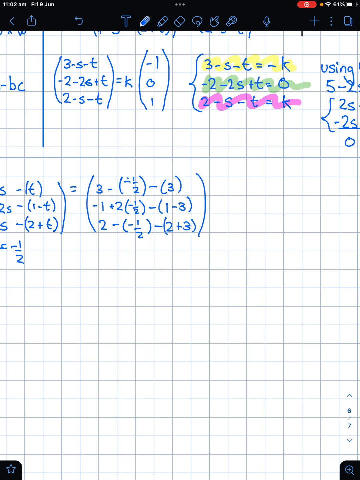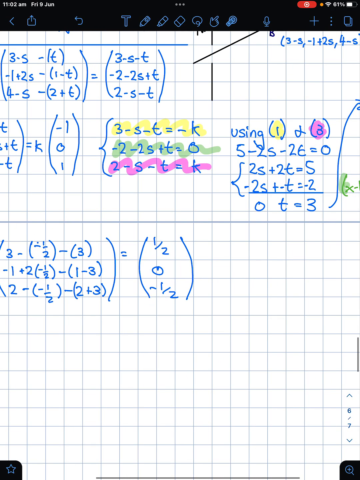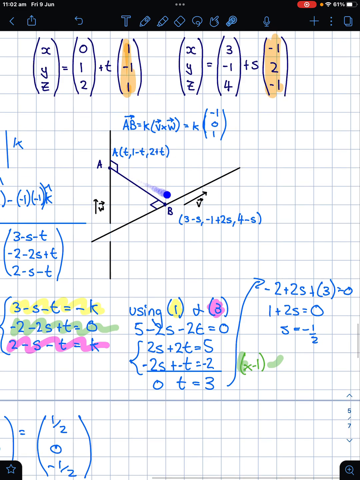So I'm just going to skip through this. This is going to be a half, this will be 0, and this will be negative a half, which gives us our vector. This will give us our vector from A to B here.